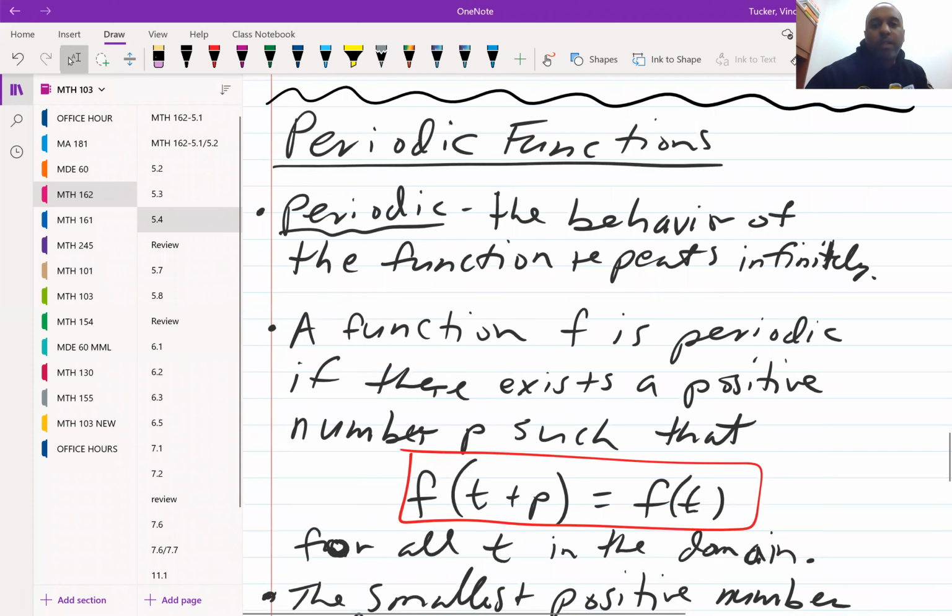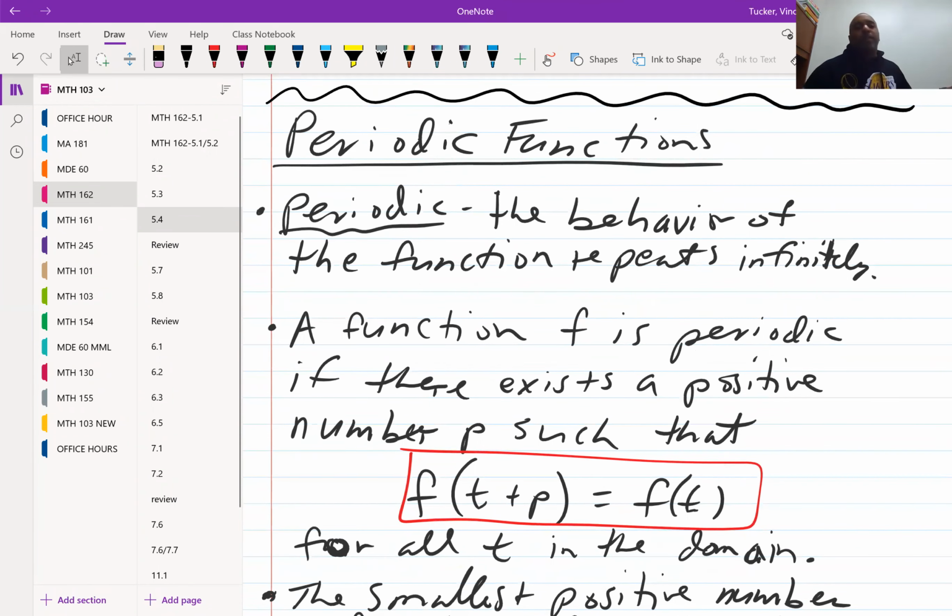Very good. All right, so periodic functions. Periodic is the behavior of the function that repeats infinitely.